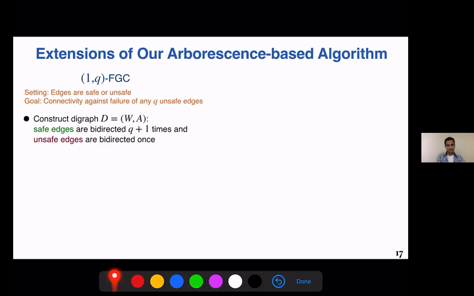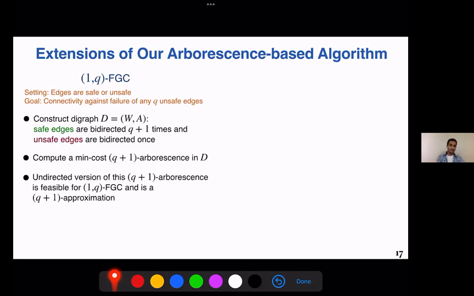And for unsafe edges, we only bidirect once. We'll compute a minimum cost q plus 1 arborescence in D. And the undirected version of this arborescence will give us a feasible solution to the 1,q FGC problem and has an approximation ratio of q plus 1.